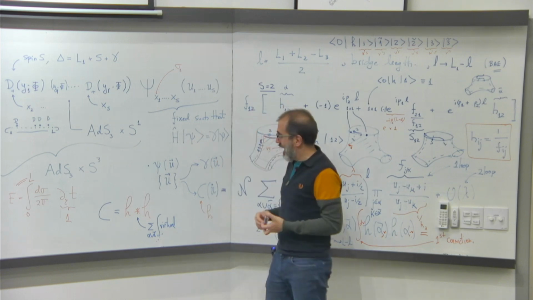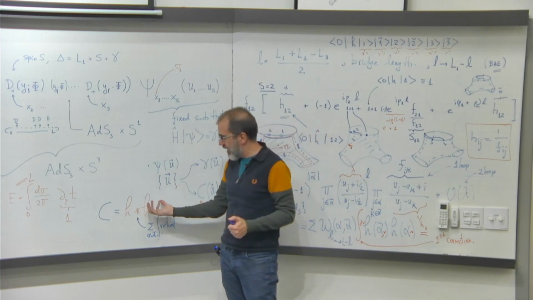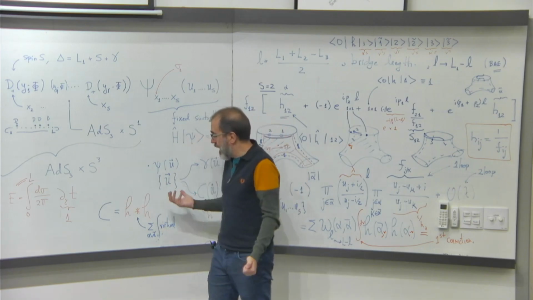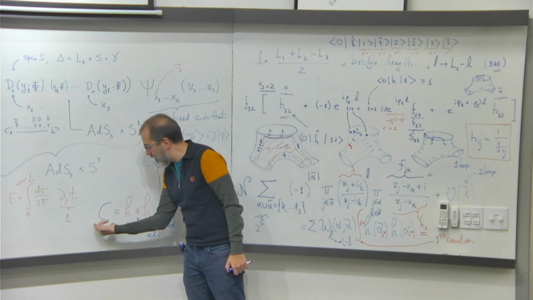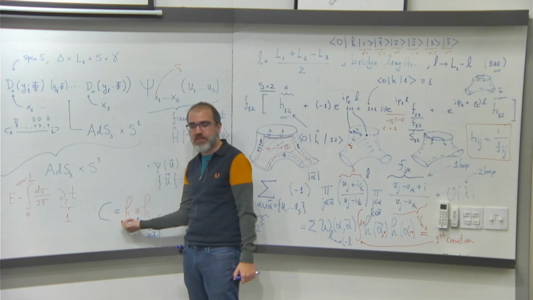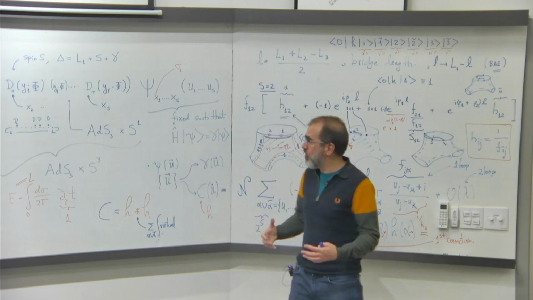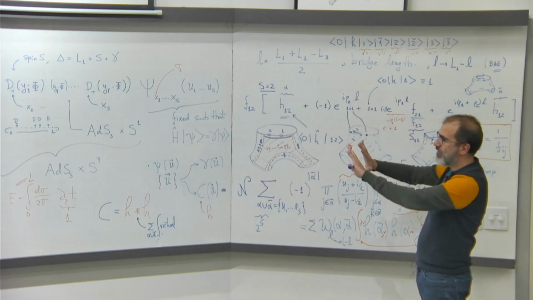So I would like to think that this hexagon is really a fundamental object, and that if I have that, perhaps there could exist a string field theory or something where it would not be the 3-point pair of pants, the fundamental object, but rather this hexagon. And I would hope that if I would use this hexagon, things would simplify, and instead of using infinitely many vertices, I would only have this hexagon.